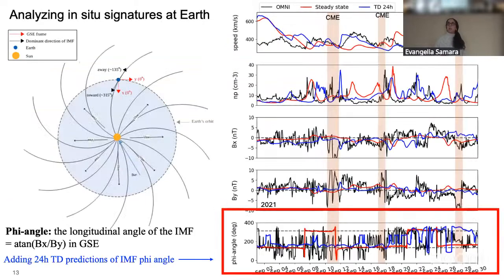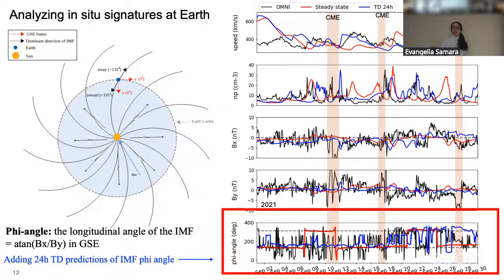However, if I try to predict the phi angle by doing time-dependent solar wind simulations and updating my magnetograms, and thus my boundary conditions, every 24 hours, you see with the blue time series that I'm doing much better. It's still far from perfect compared to observations, but much better compared to what the red line was doing.